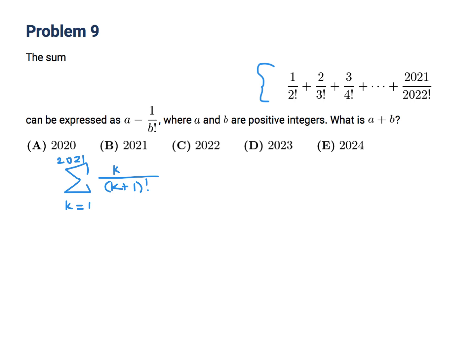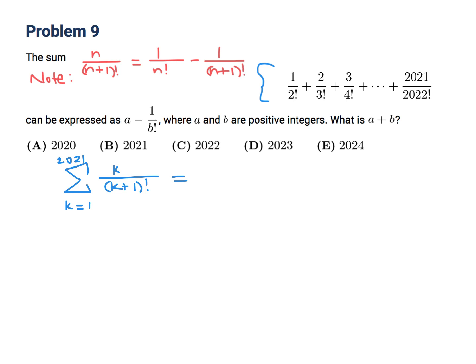All right, so the key to this question is to note something, and I'll put that note up here. And that note is that if you have n over n plus 1 factorial, that is equivalent to 1 over n factorial minus 1 over n plus 1 factorial.